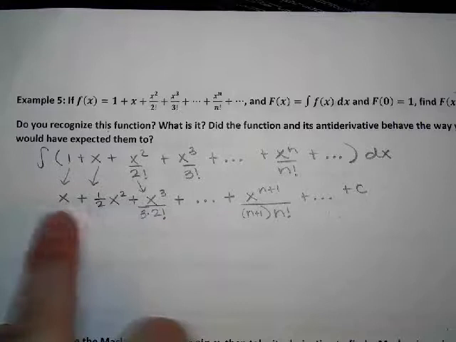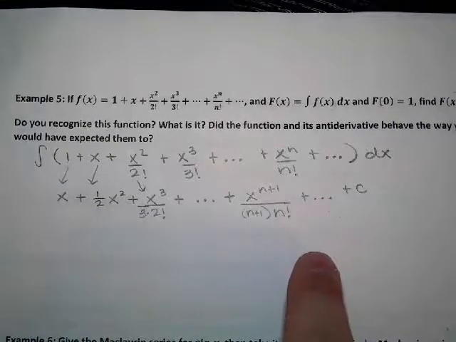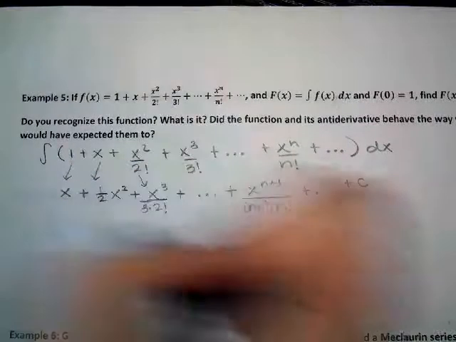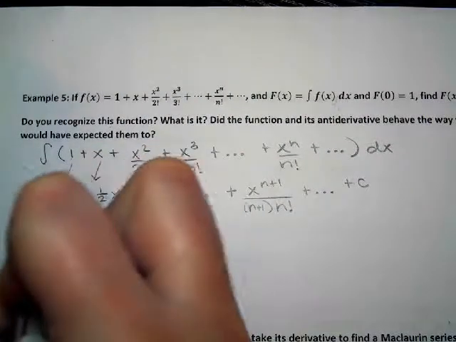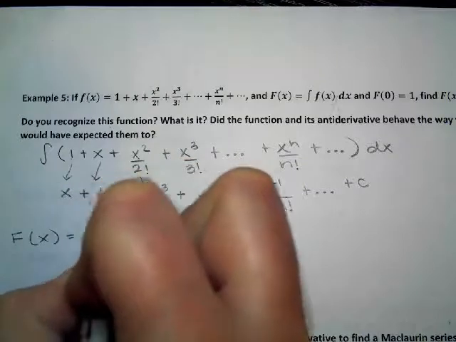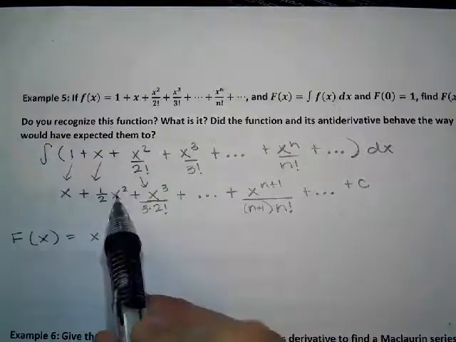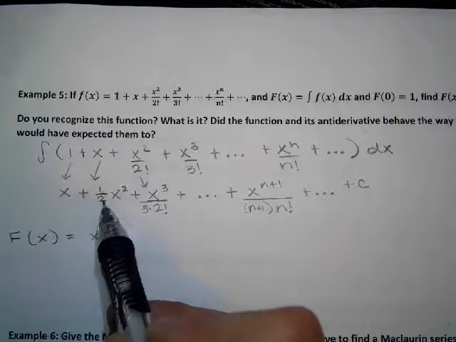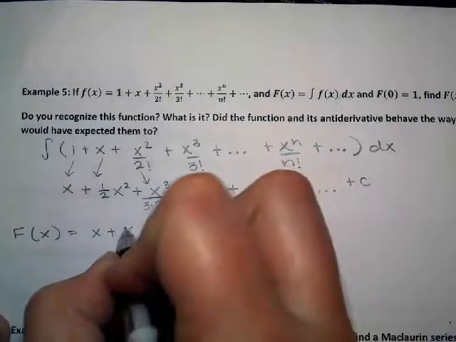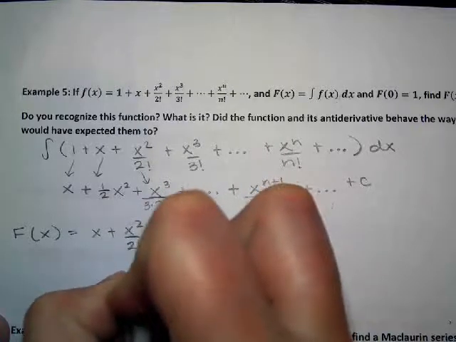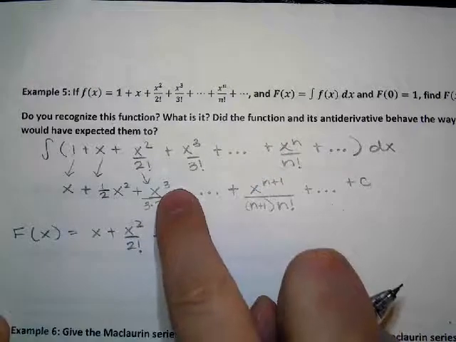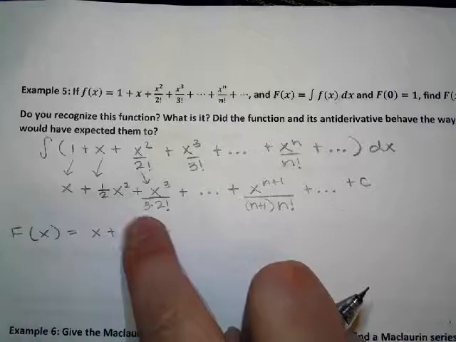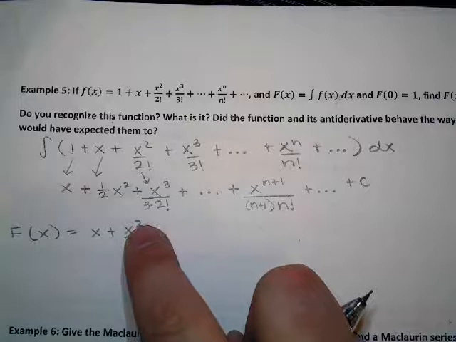Okay? So I'm just going to say that this is capital F of x. This is what we have. Capital F of x equals x plus, this you can rewrite as x squared over 2 factorial because 2 factorial is 2. So x plus x squared over 2 factorial. x to the third over 3 times 2 factorial, or if you had written it as 6, 6 is 3 factorial. 3 times 2 factorial is 3 factorial.